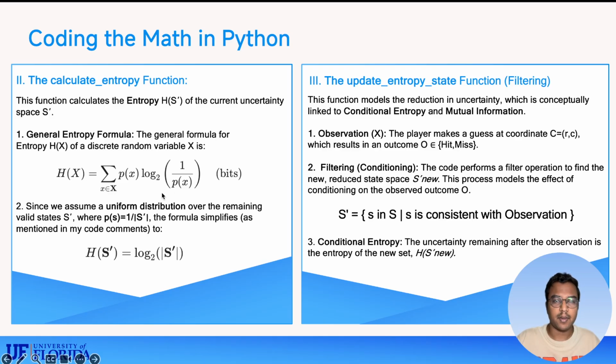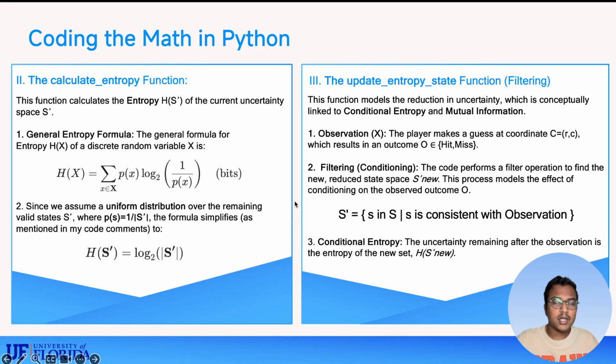We can simplify the math in the code to just the log base 2 of the length of S prime, pointed to the simplified formula in the previous slide. So if there are 100 possible boards left, the entropy is just log 2 of 100. This makes the computation very fast and accurate.